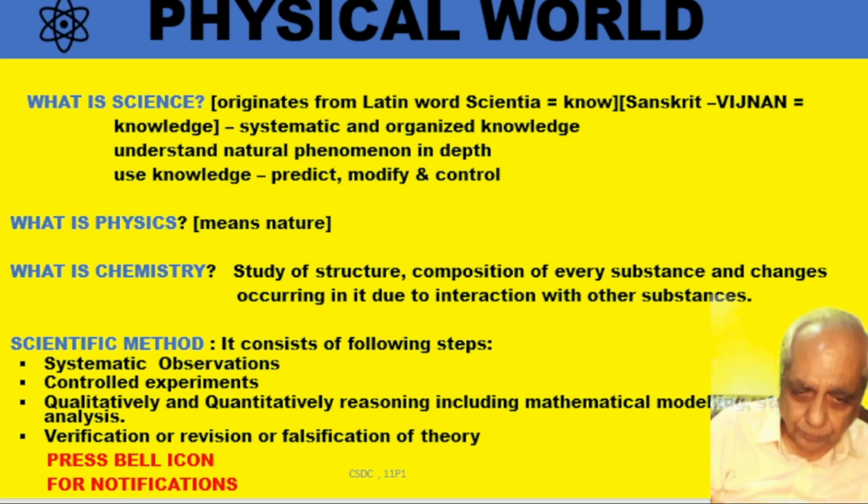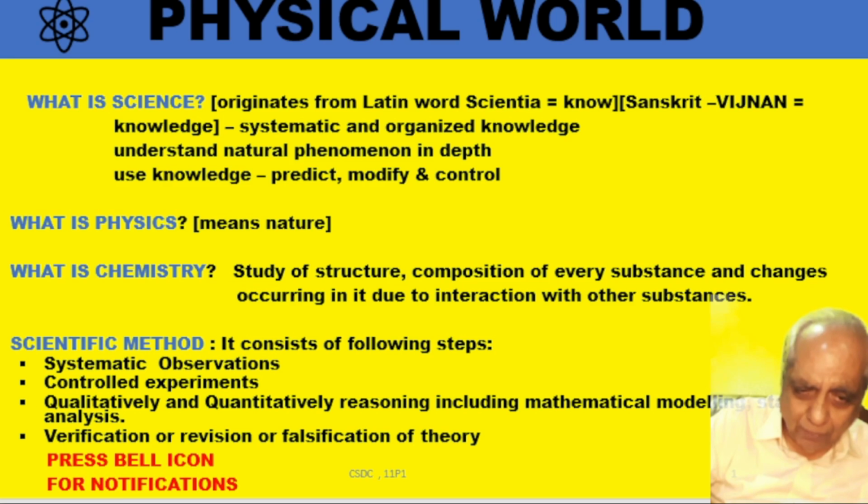Then sometimes we carry out experiments to verify a theory told by some other scientist. Someone has told a certain theory, and you are not fully satisfied, so you plan an experiment on how to verify that theory.